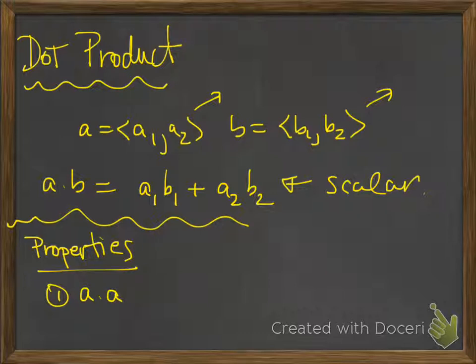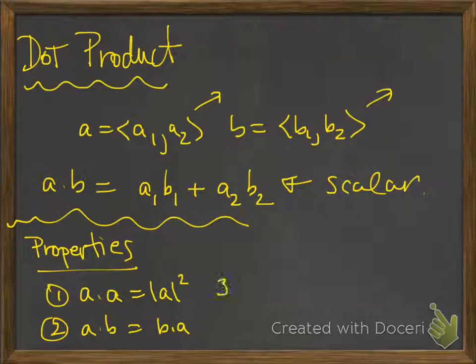One is that A dotted with itself is the magnitude of A squared. That comes up a lot. We know, and that's easily seen, that the dot product is commutative. So I can dot A with B or B with A and I should get the same thing.